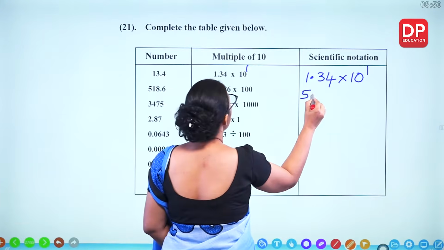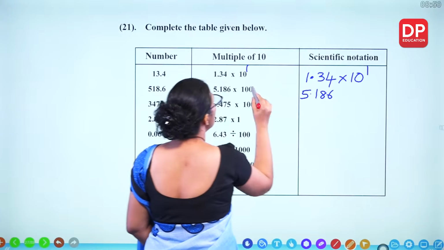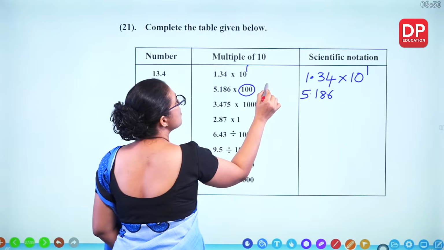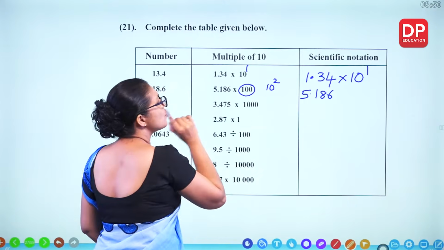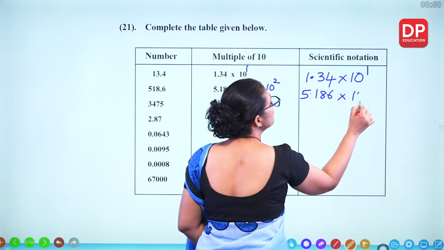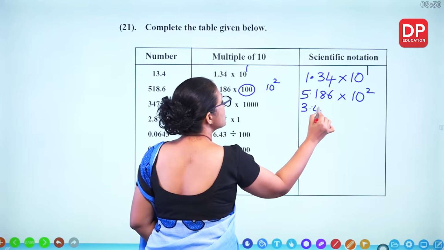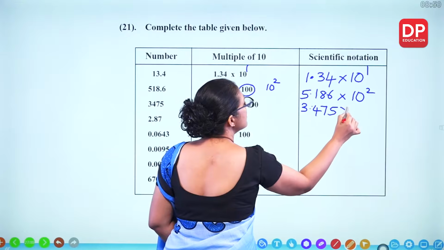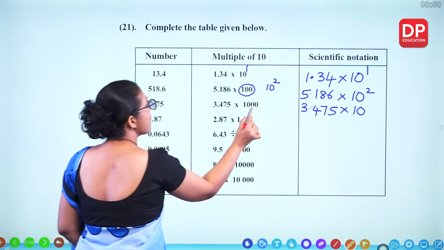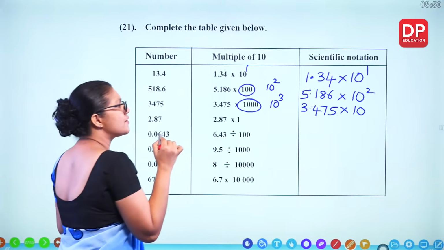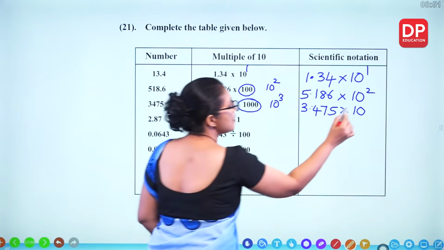So you can write 5.186. What does 100 mean? 100 means 10 to the power 2. 3.475 times 10 to the power. Here 3 is there. So 10 to the power 3 means here you get power 3.